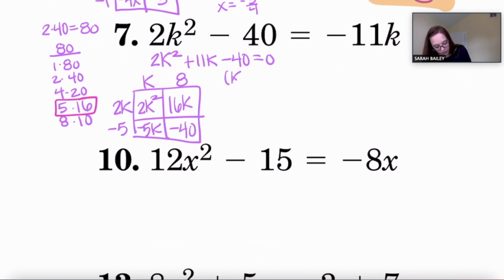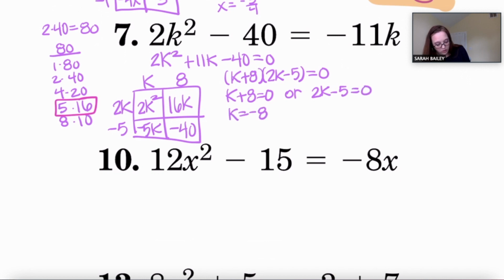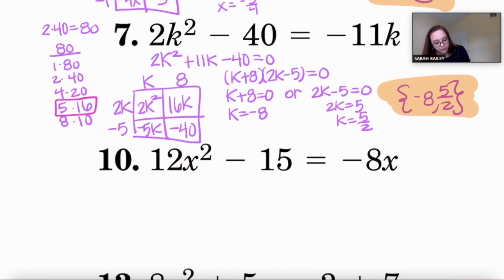So we end up with k plus 8 times 2k minus 5 equals 0. So k plus 8 equals 0, or 2k minus 5 equals 0. So that would be negative 8 or 5/2. You can leave that as an improper fraction. And that's true for all of these.